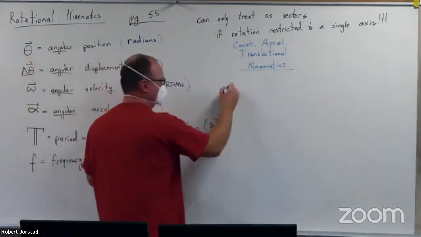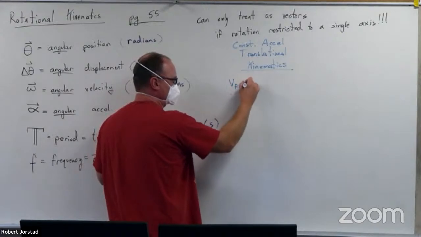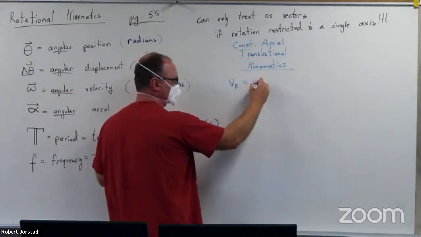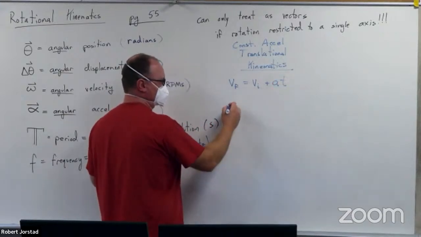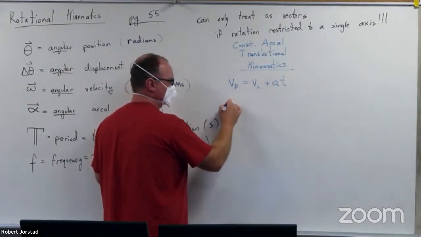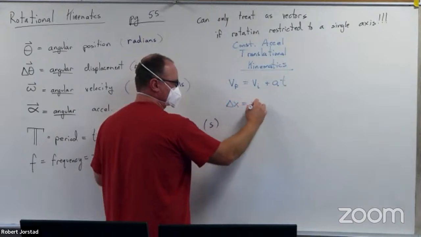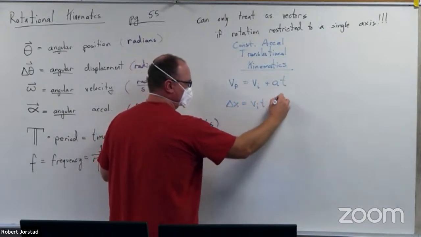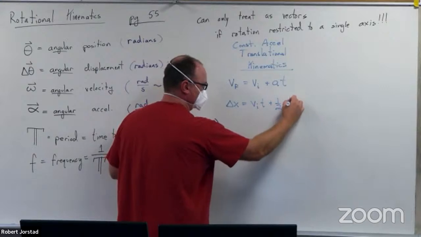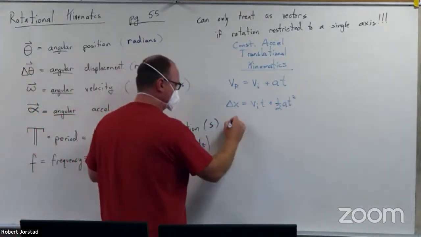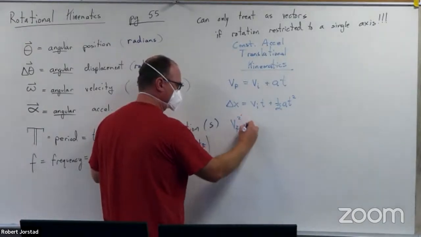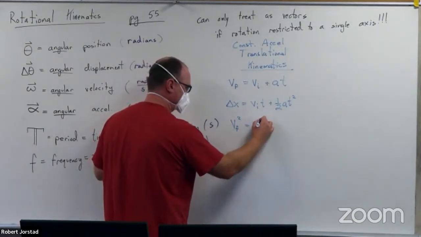Like V final equals V initial plus AT. Or maybe delta X equals V initial T plus 1/2 AT squared. Do you remember that one? What was the last one of the big three? Wasn't it V final squared? Yeah.